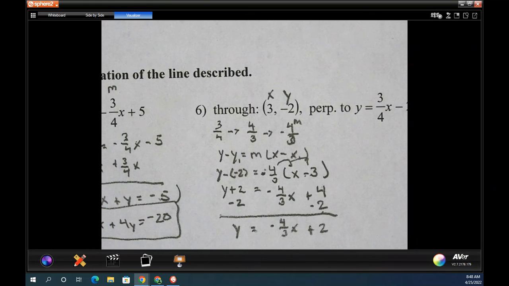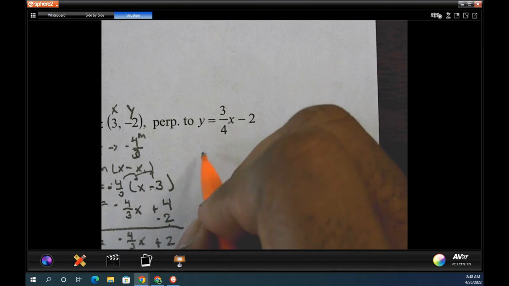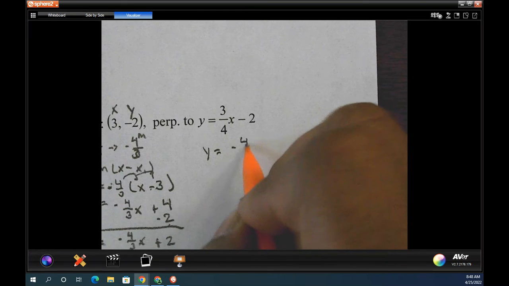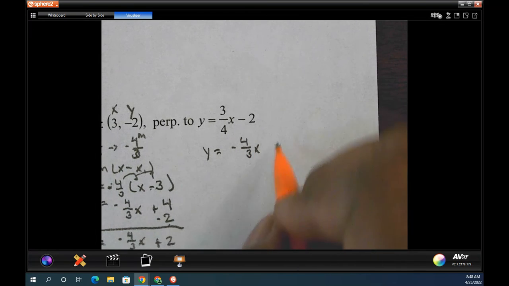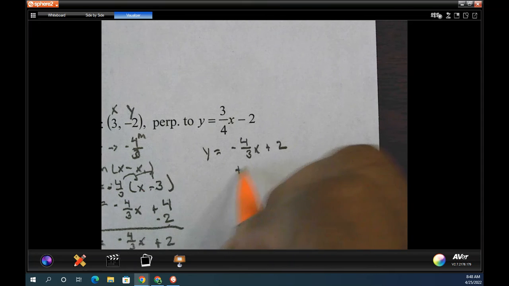Now, we got to change it to standard form. So we take our y is equal to negative 4/3 x plus 2. We're going to add 4/3 x to both sides.